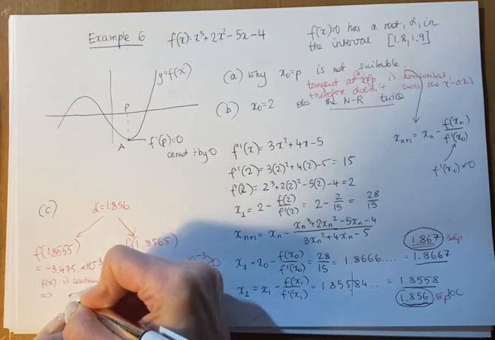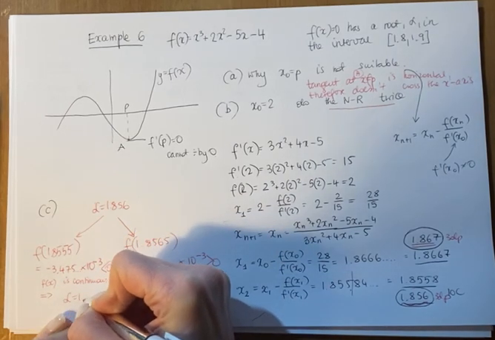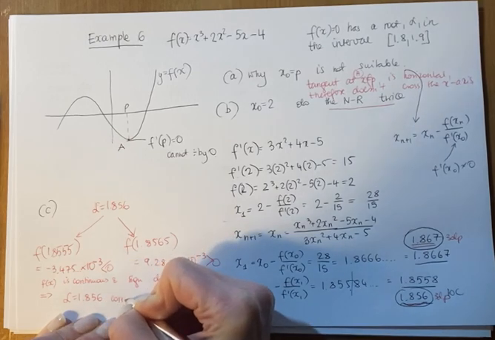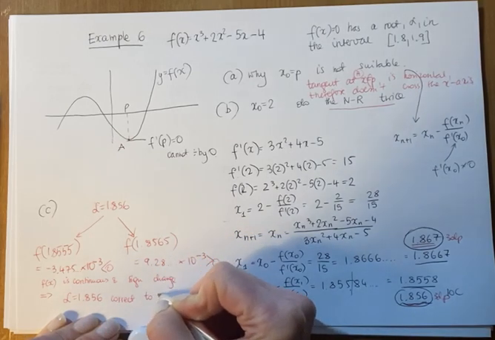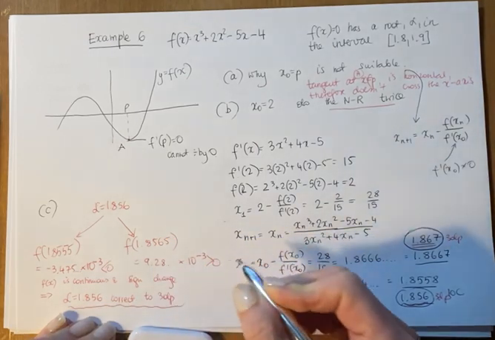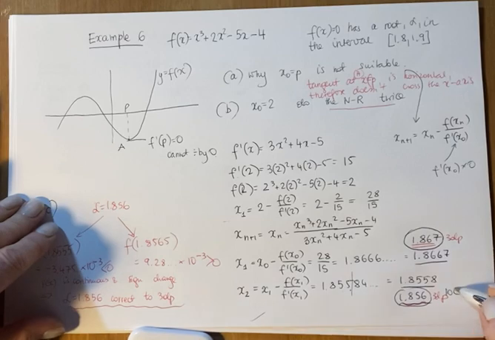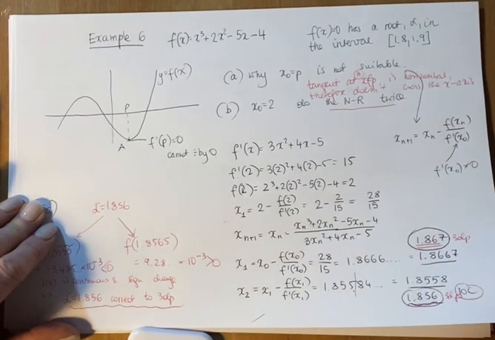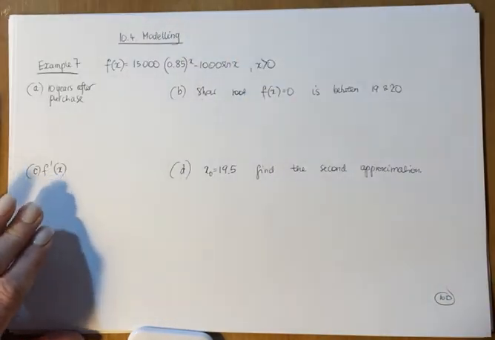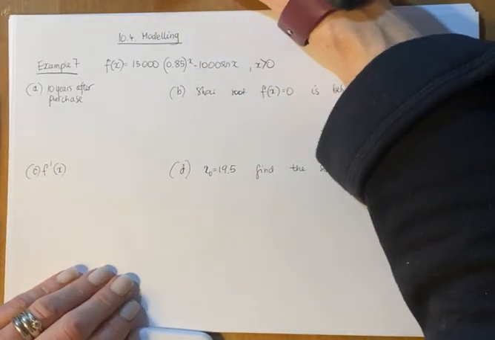Therefore, alpha is equal to 1.856, correct to 3 decimal places, because you're using this to prove that it's correct to 3 decimal places. Okay, that takes us to exercise 10C, so please have a go at all the questions in this exercise.